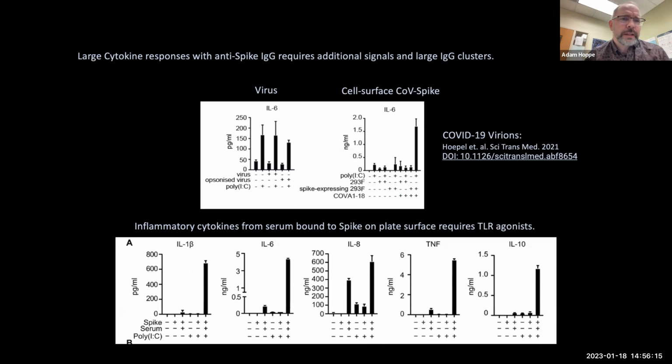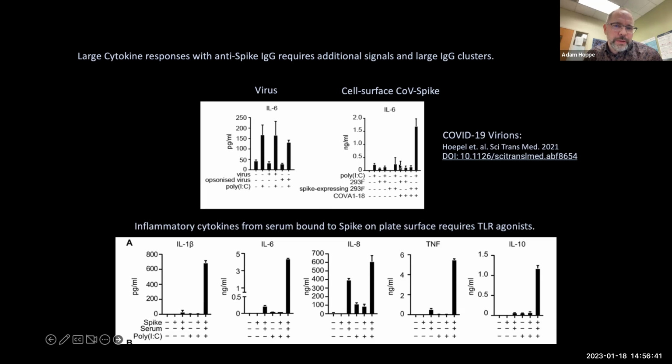And I think that data lines up pretty well with this paper here. I've got the citation over here, describing what happens in the context of opsonized SARS-CoV-2 particles. So in the case of viruses, there is very minimal cytokine activity when opsonized with serum or specific anti-spike antibodies.